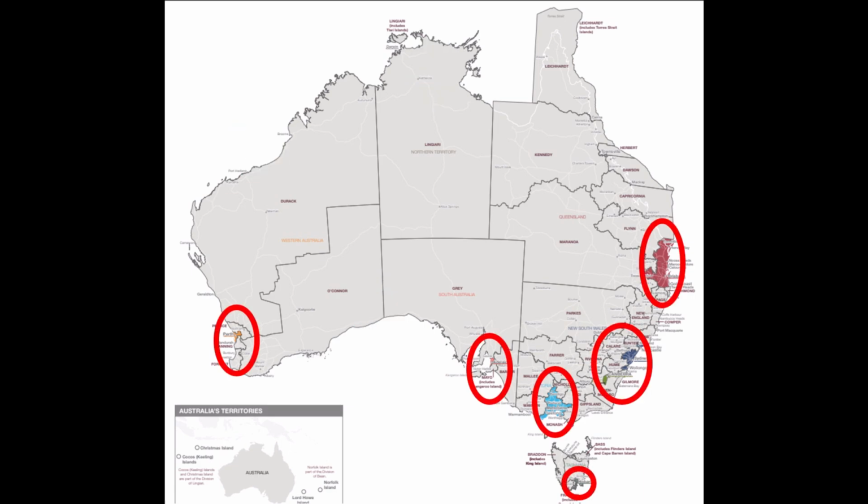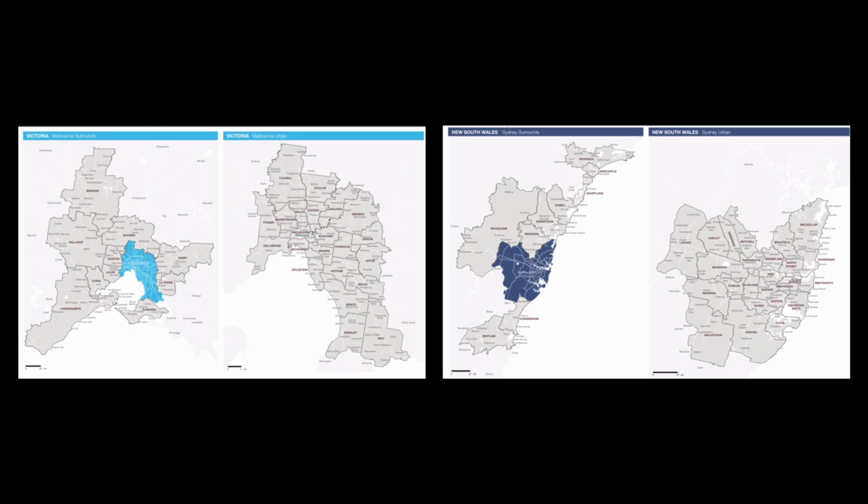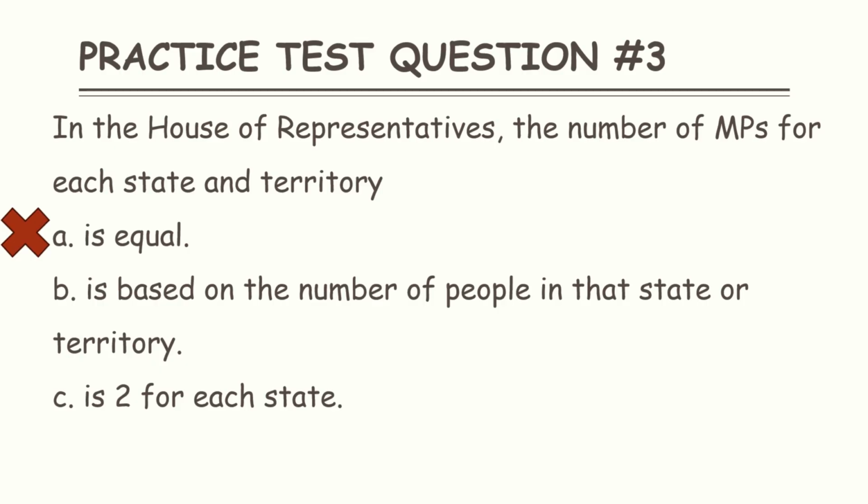Other electorates, such as those found in and around Australia's capital cities, are very small. The population is high in these areas. There are enough people in a small area to form an electorate. So we know that A, in the House of Representatives, the number of MPs for each state and territory is equal, can't be correct.